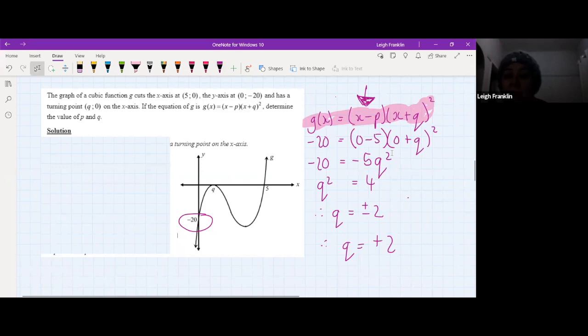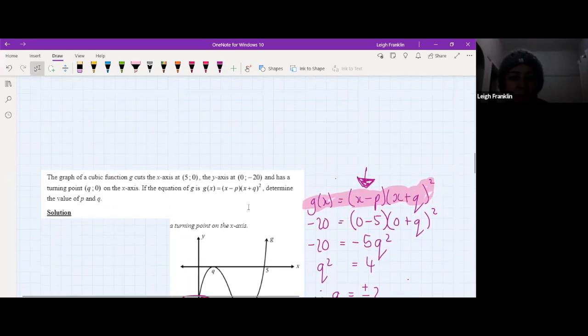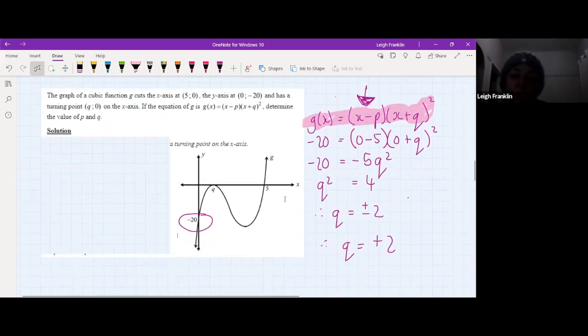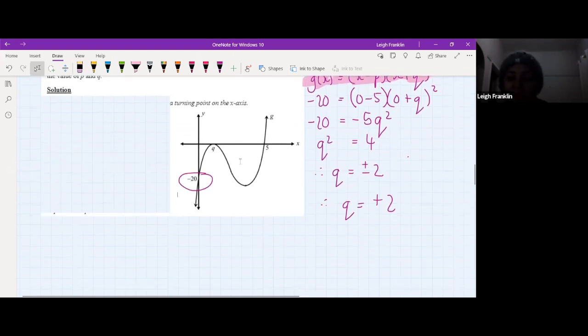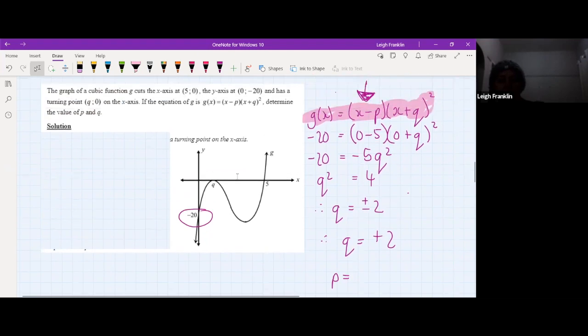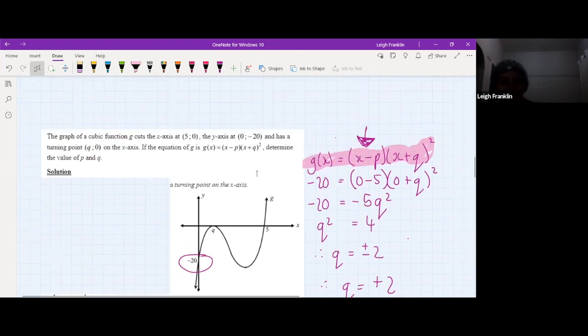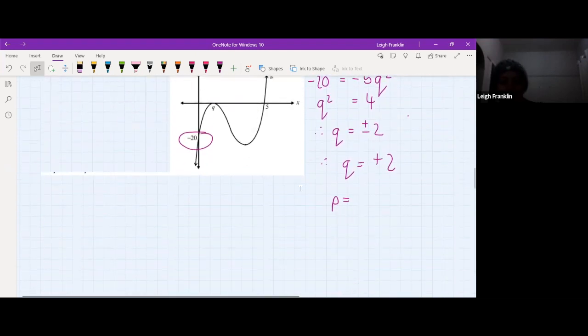Oh, and that reminds me, I'm actually glad you asked, because the question said to us, determine the values of P and Q, right? I wrote down the value of Q. I didn't write down the value of P. Okay, so what's the value of P? Positive 5. Is P equal to positive 5?